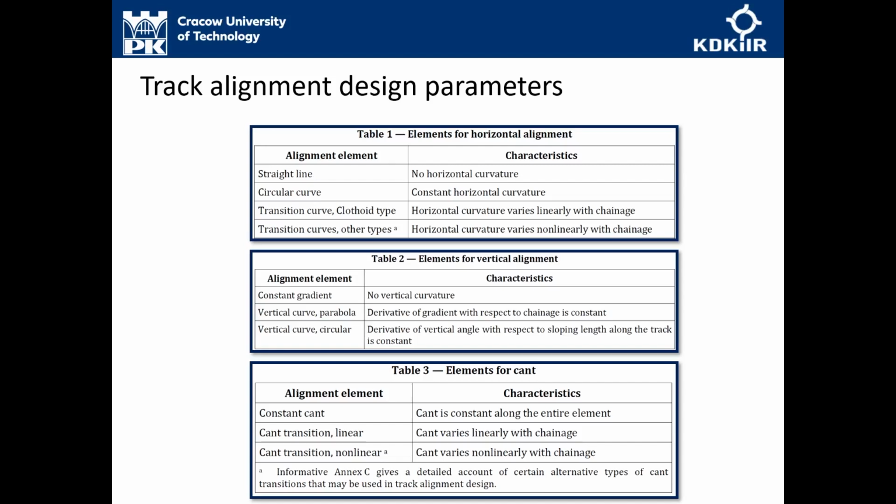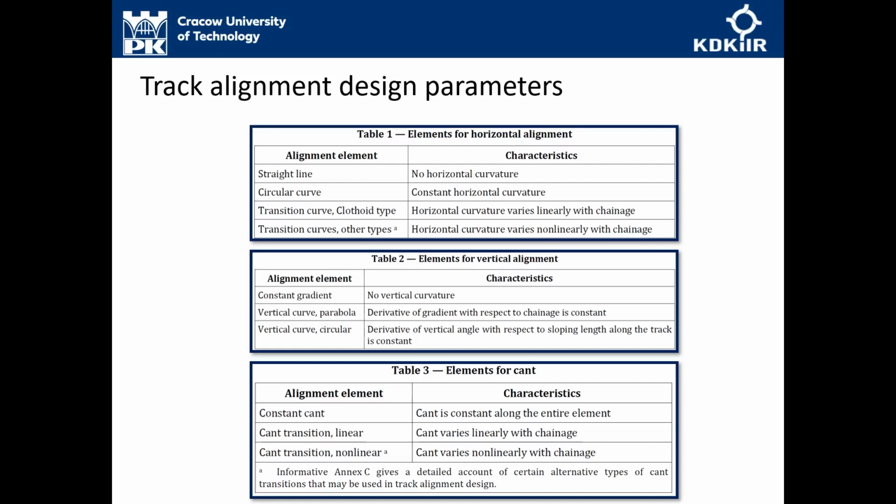Before we start the calculations, I would like us to understand that in the framework of designing a railway, there are three types of alignment elements depending on the surface of the railway line. First of all, we have elements related to the horizontal alignment.